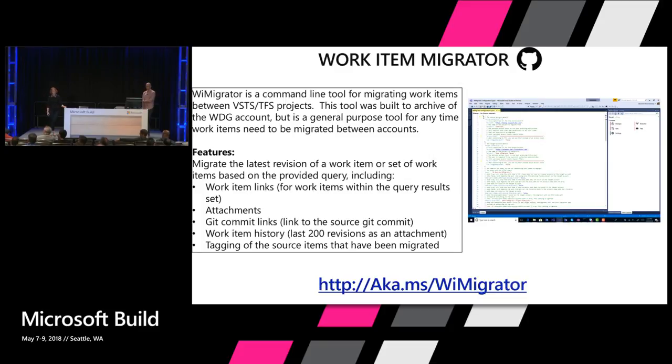The first was the work item migrator. You can use the aka.ms link, which will take you to GitHub, to the project where you can download this code. The idea here is moving work items from one account to another. Why did we care about that? We cared about that for archive. You can't be letting 11 million work items sit in your account for too long. That's not a good thing to do.